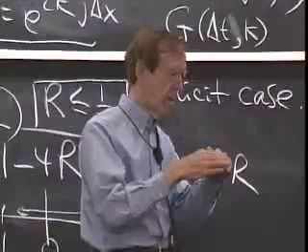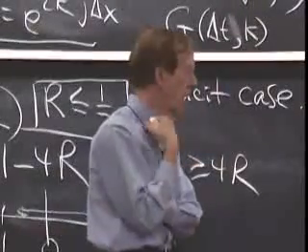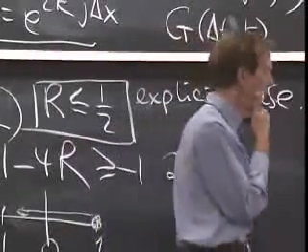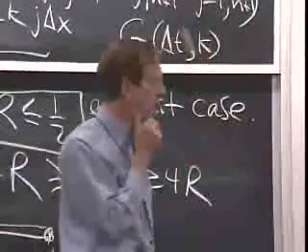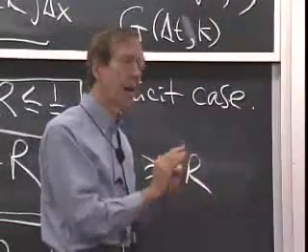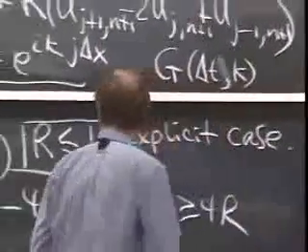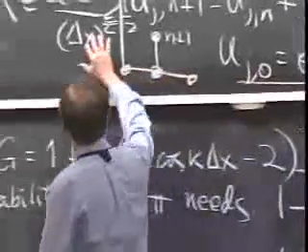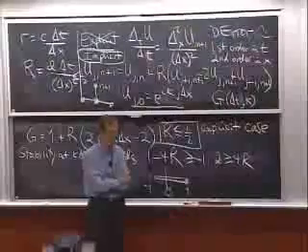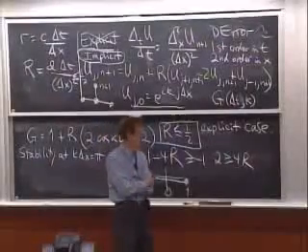I can't take a giant time step and expect to follow the true exponentials for e to the ikx. But I can take a larger step than this very small 1/2 delta x squared step. So this is good. What's the price that we pay?